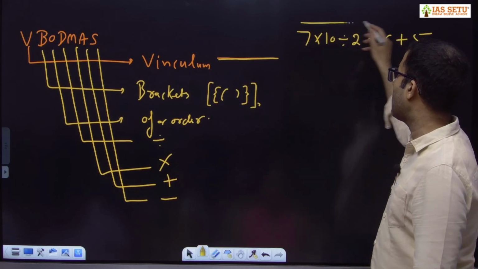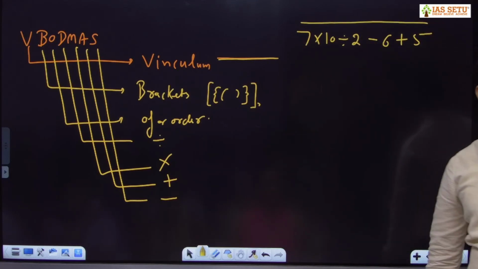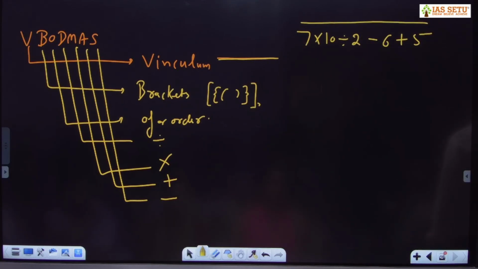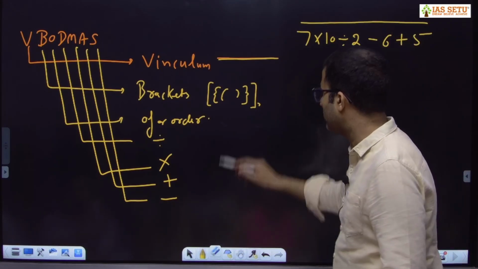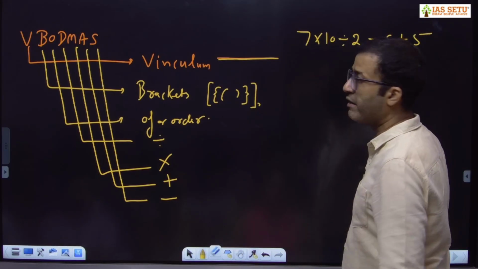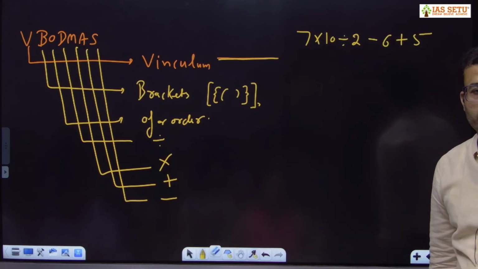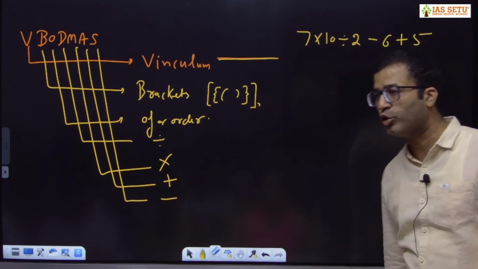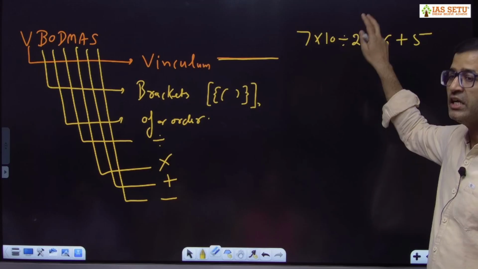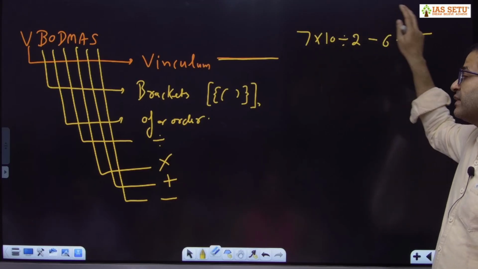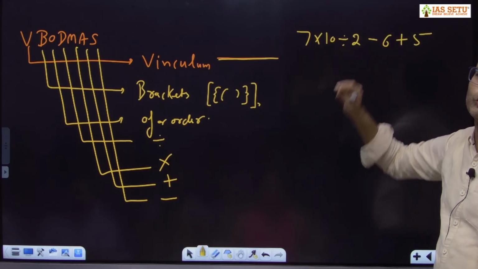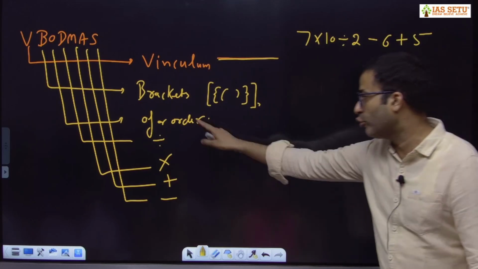For example, I have this calculation under a vinculum bracket, and as per rule I have to remove this vinculum bracket. Even when I remove it, I can't go left to right. Under this bracket also I have to follow the same order. First division, then multiplication, then addition, then subtraction.